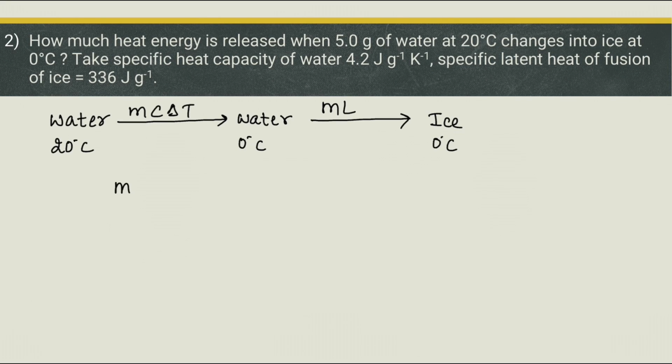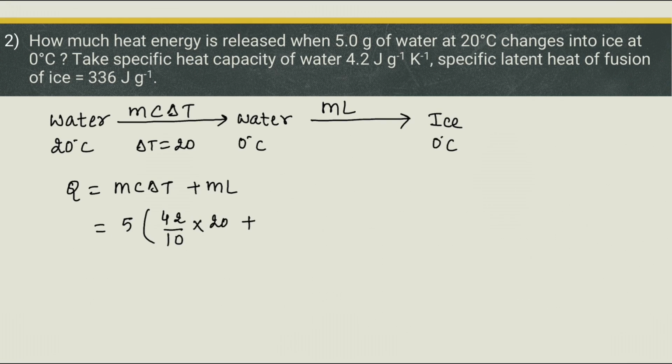So what is mc delta t plus ml? That is the question here. How much is the total heat energy that is given out for this process? So we can take mass common, that is 5 gram. Specific heat capacity of water is 4.2. So 42 upon 10 into what is temperature change? Temperature change is 20.